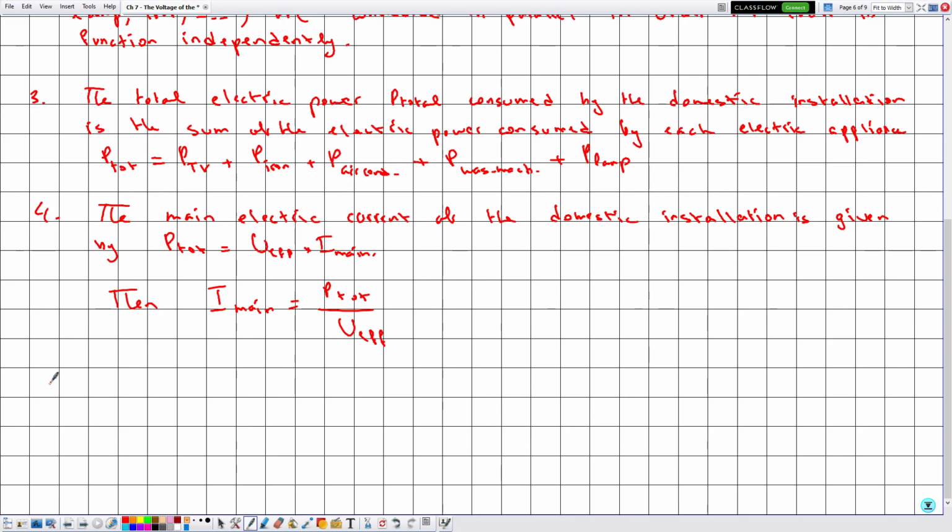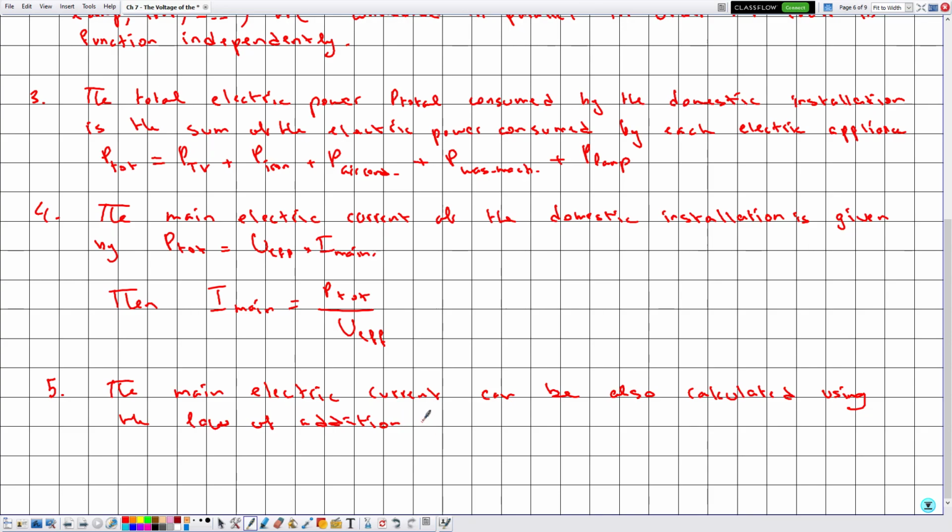So now let me add idea number 5. Please write down this idea because it doesn't exist in your notes: the main electric current can also be calculated using the law of addition of currents. Why the law of addition of currents?